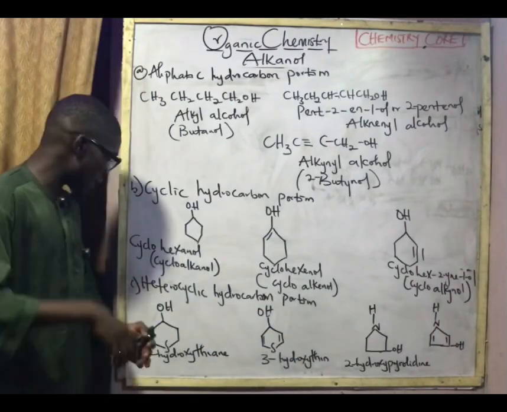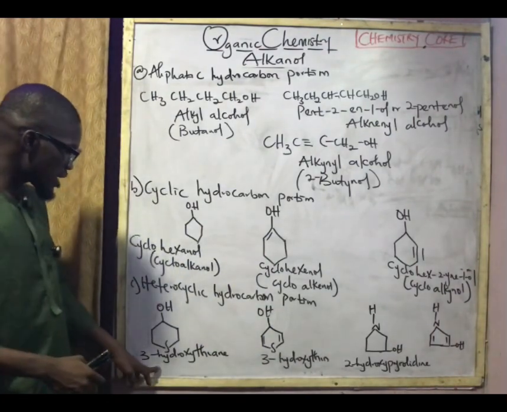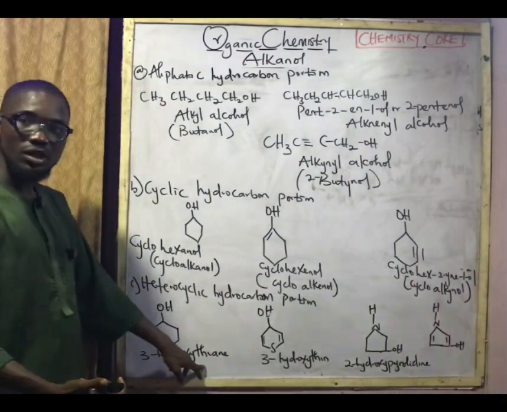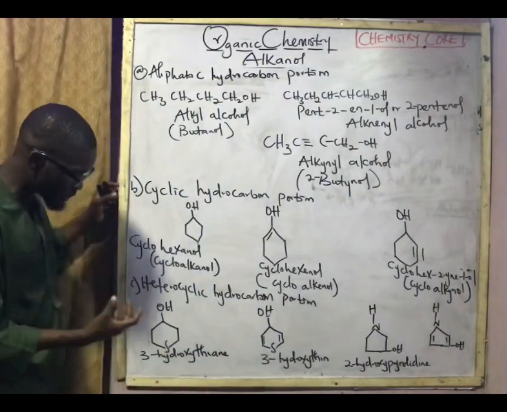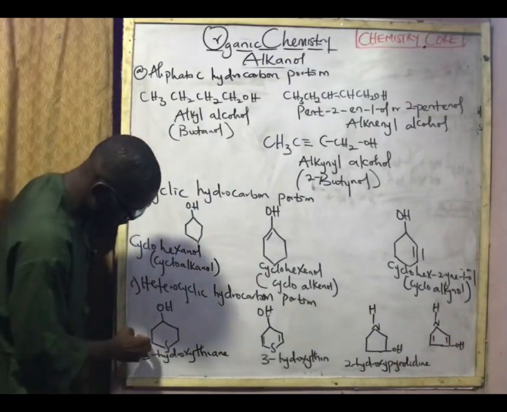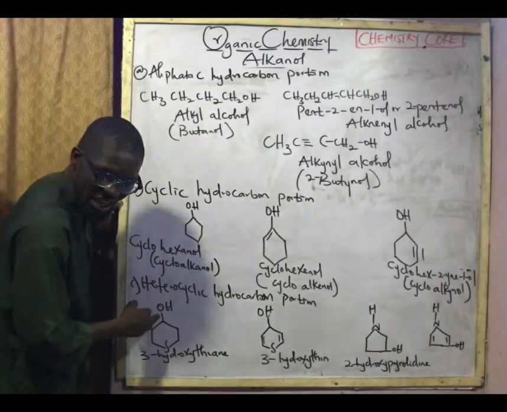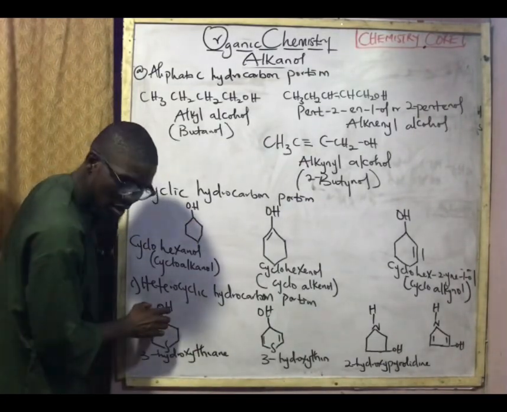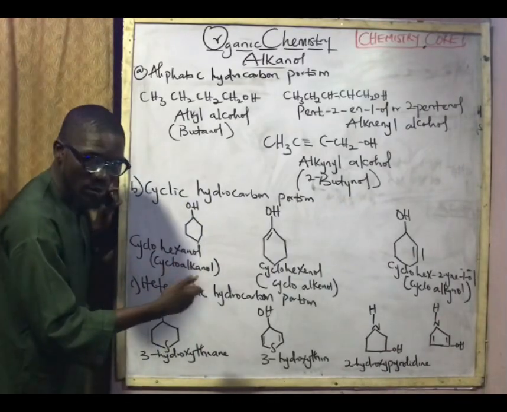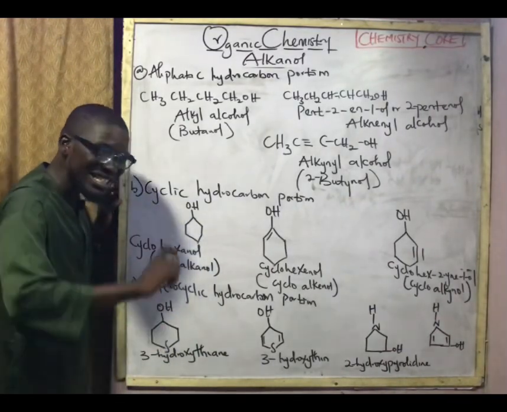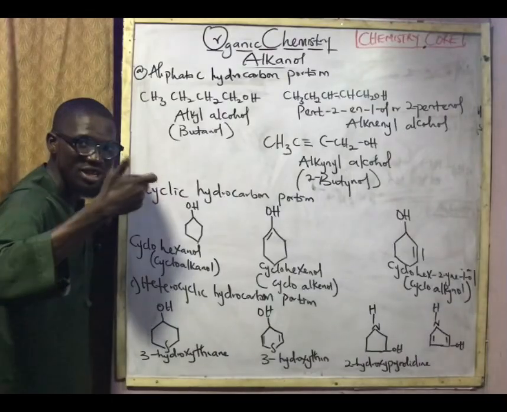The first compound we have here is called 2-hydroxythiene, and the other one is 3. So if you look at the numbering, start the numbering from 1, 2, 3. We're having 3 here, so 3-hydroxy. Now, if you look at this place, we'll call it hexanol, but here, because the heterocyclic or unsaturated.